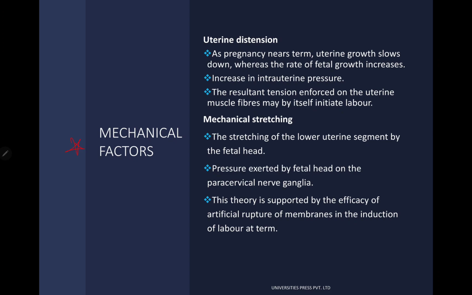So coming to the mechanical factors, first is uterine distension. As pregnancy nears term, uterine growth slows down, whereas the rate of fetal growth increases. So there's going to be an increase in the intrauterine pressure. The resultant tension enforced on the uterine muscle fibers may by itself initiate labor.